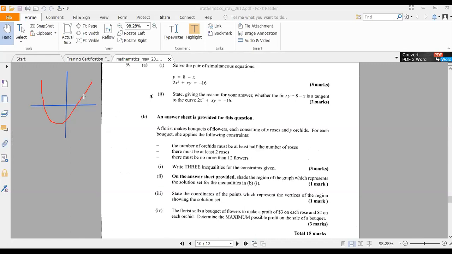So for argument's sake, I put a point right here. Then I make one line just touch one point. It can't touch more than one point. You have to touch only one point on the curve. So I'll come here and try to draw something like this.